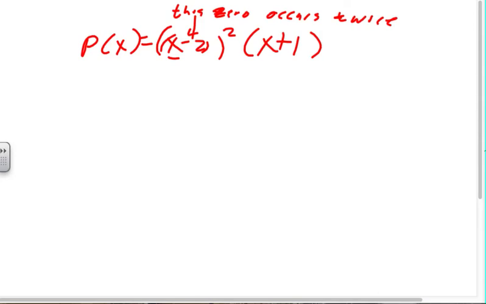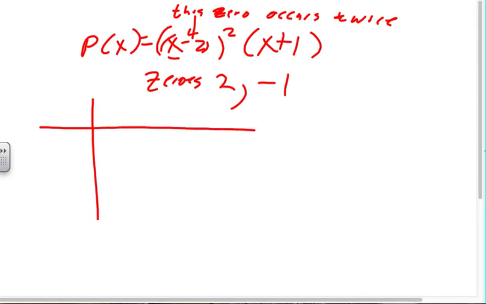So now I've got a 0. My zeros here are at 2 and negative 1. So I'm going to build my table. There's negative 1. There's 2.